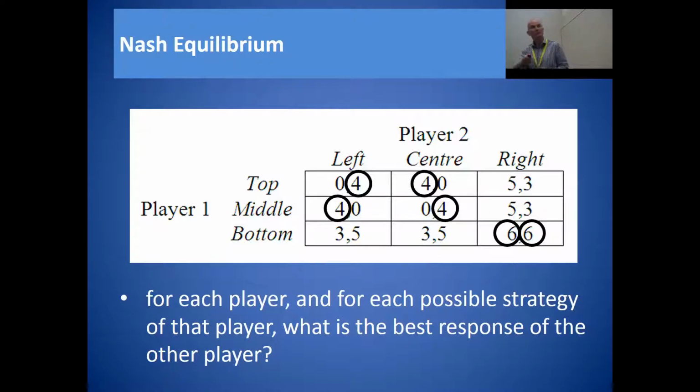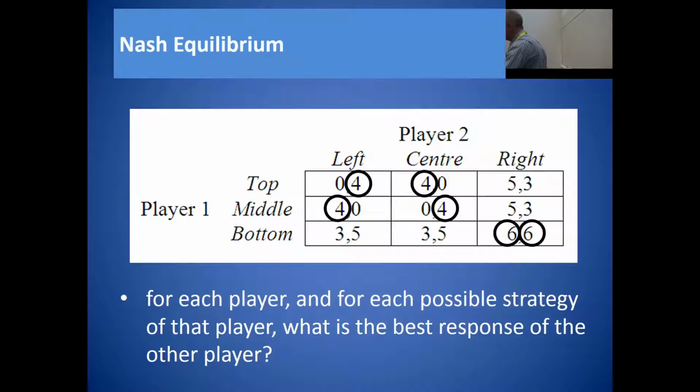That outcome there of bottom right is our Nash equilibrium. It's the only cell in which the 2 circles coincide. All of the other possible combinations, because they've either got 0 or just a solitary circle, don't accord with that idea of a Nash equilibrium.